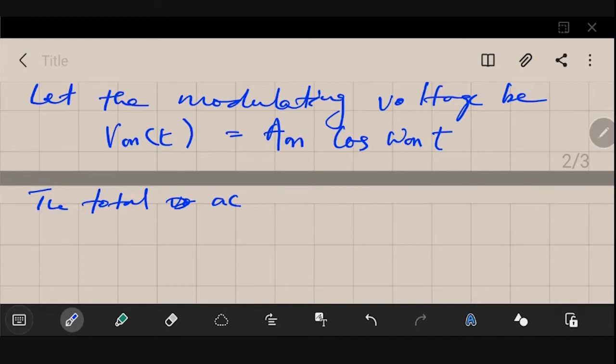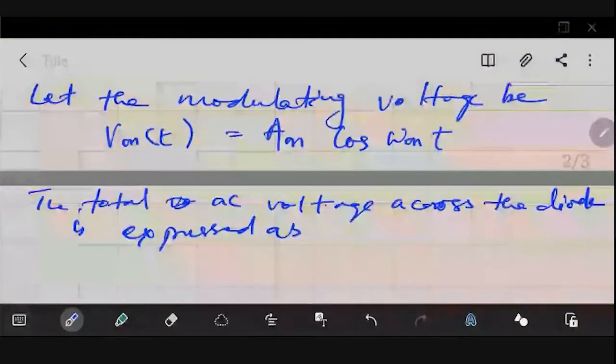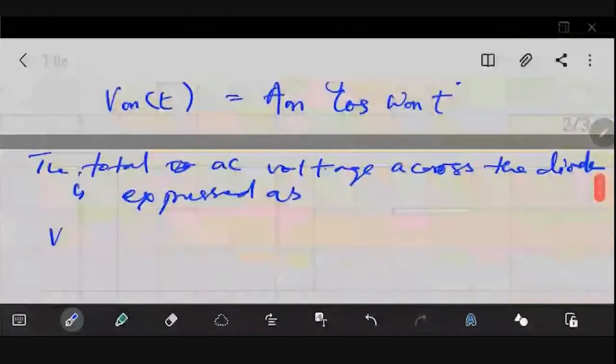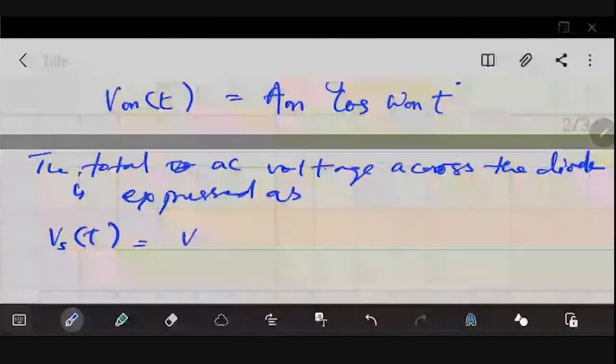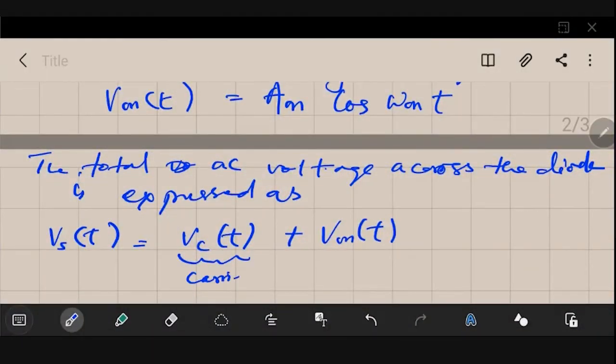So the total AC voltage across the diode is expressed as Vs of t equal to Vc of t plus Vm of t. These are the two input signals. One is the carrier and the other is the modulating signal, the baseband signal.